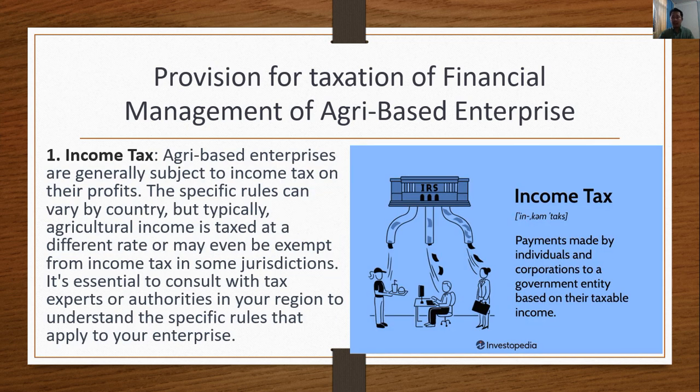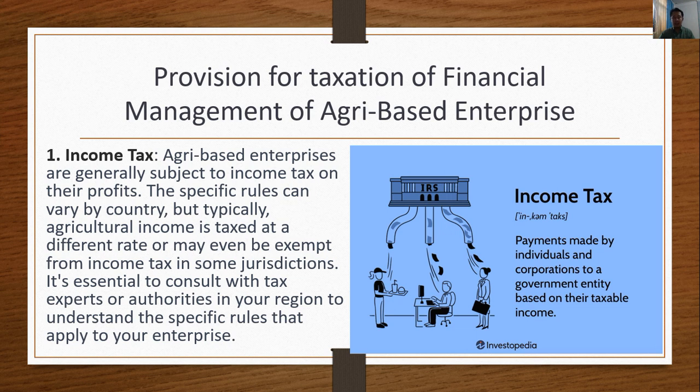First is income tax. Agri-based enterprises are generally subject to income tax on their profits. The specific rules can vary by country, but typically agricultural income is taxed at a different rate or may even be exempt from income tax in some jurisdictions.